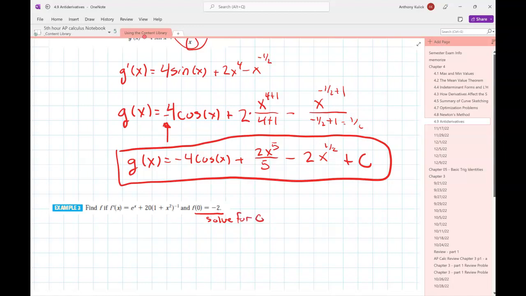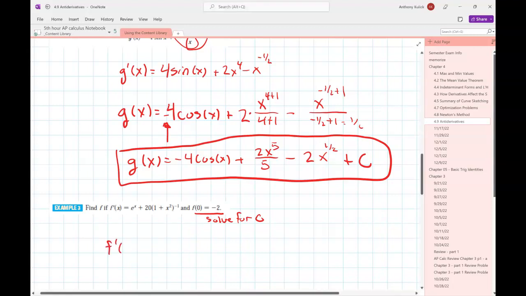This piece right here is what I'm going to use in order to solve for C. Okay. Is everybody okay so far? And I'll show you how to use that to solve for C in a moment.